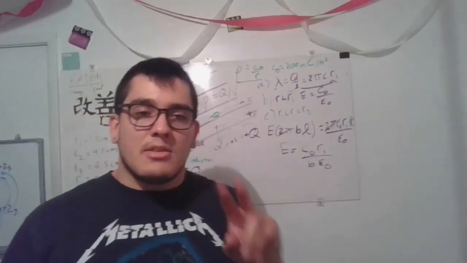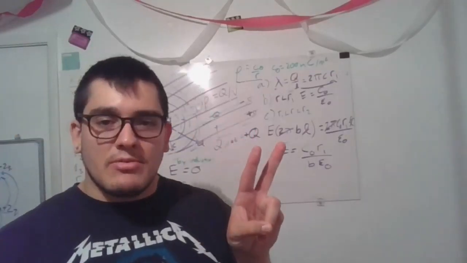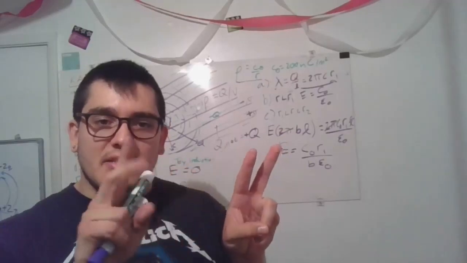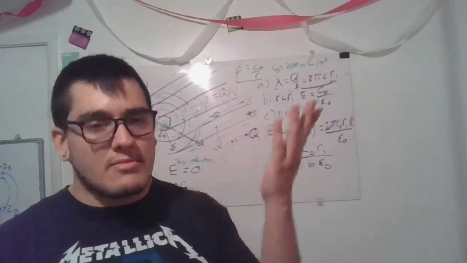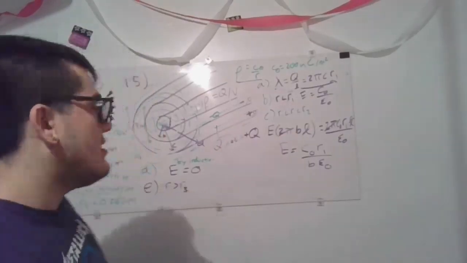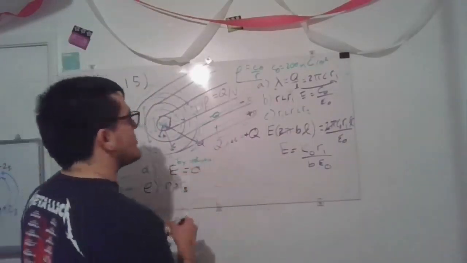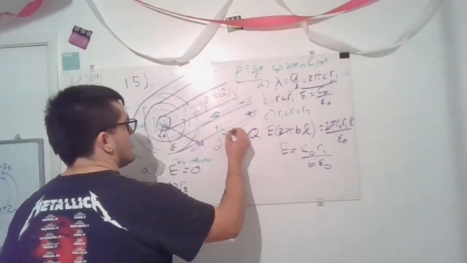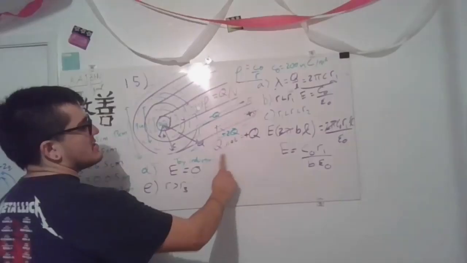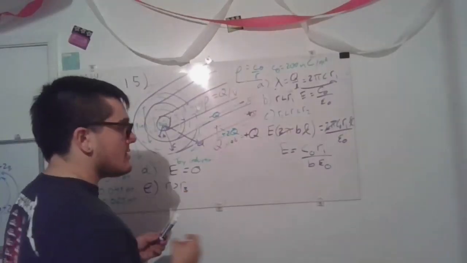Why? Because the charge on the outer surface of 2Q minus the negative Q would give you Q, right? So that's the thought process there. And let's just roll with that. So this would be positive 2Q, and the net would still be positive Q.